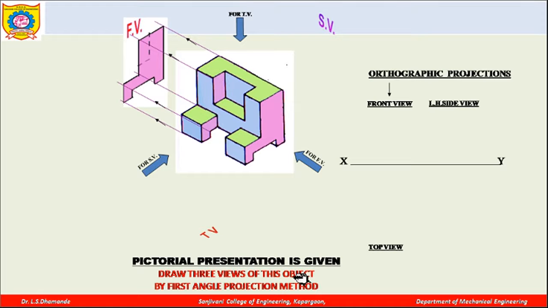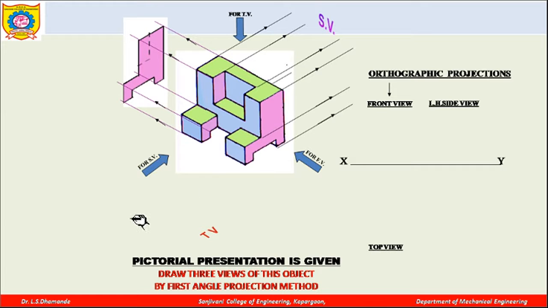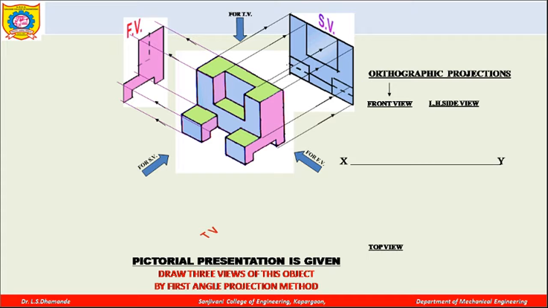And then if we have to obtain the side view of it, we have to see this particular object from the left hand side, and your ray of sight will be passing like this, and all these rays will be parallel to each other. So you will find the side view of this object, which is shown here in the blue color, will be visible on the profile plane like this.